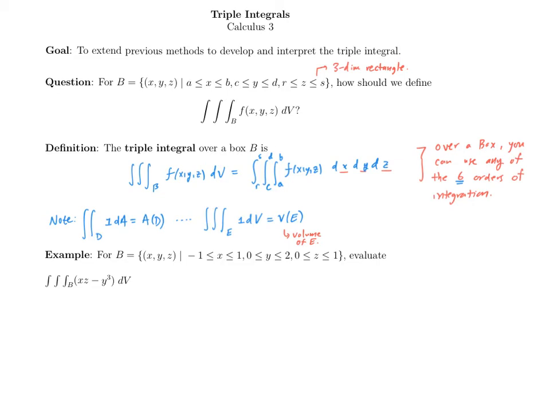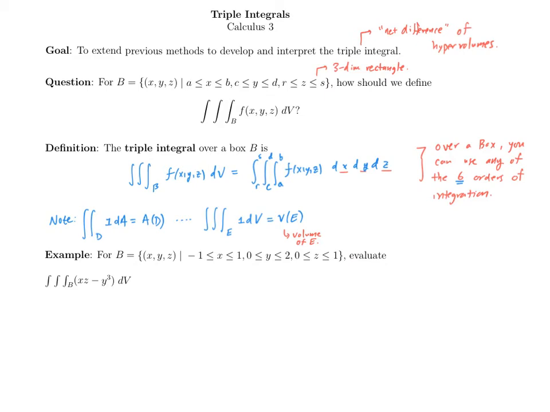A triple integral in general will tell us something about a net difference in hypervolumes, which would be the four-dimensional version of volumes. And this isn't something I'm going to spend any time discussing because it's not something we can easily visualize, nor do we typically have any intuition related to hypervolumes.